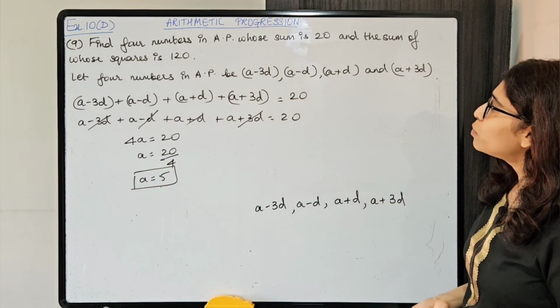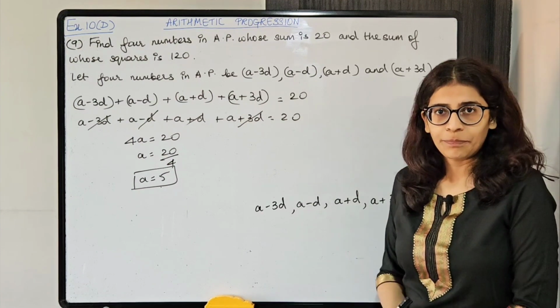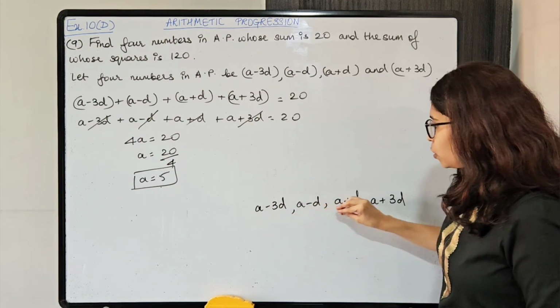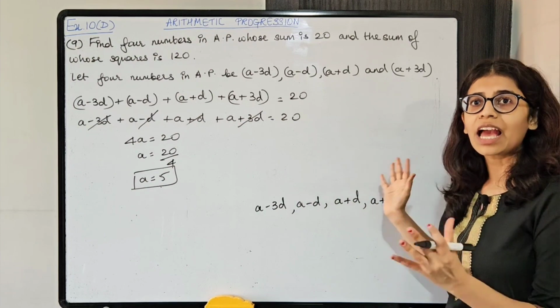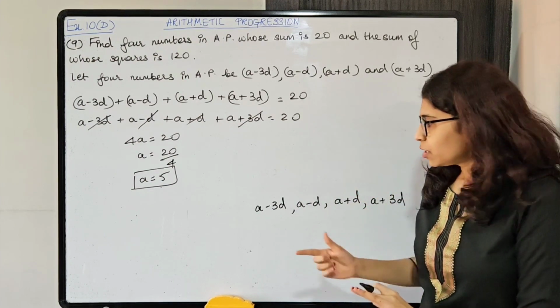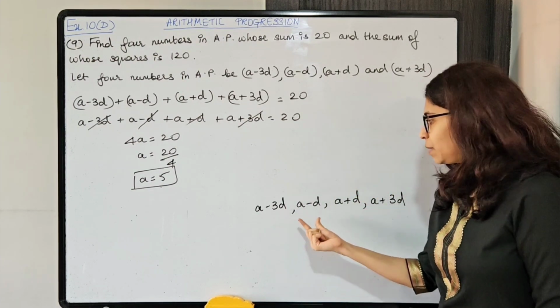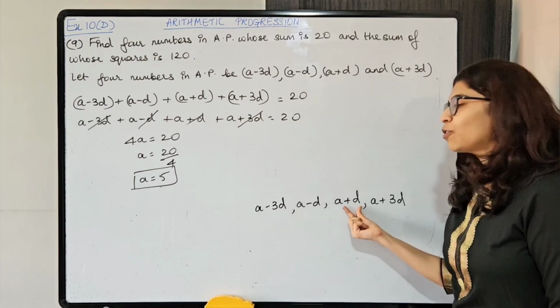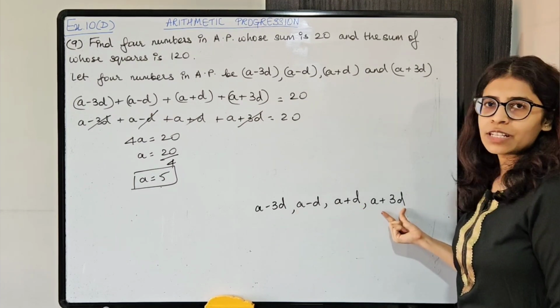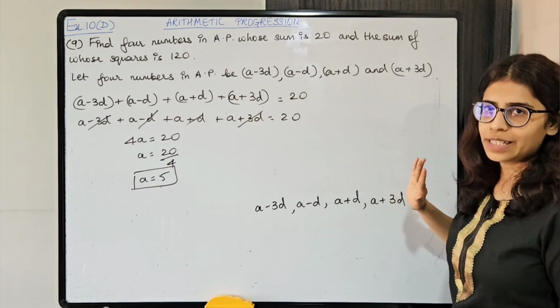The sum of whose squares is 120. ये चारों टर्म्स का स्क्वायर्स करके ऐड करना है. Okay, so square of a minus 3d plus square of a minus d plus square of a plus d plus square of a plus 3d is equal to 120.